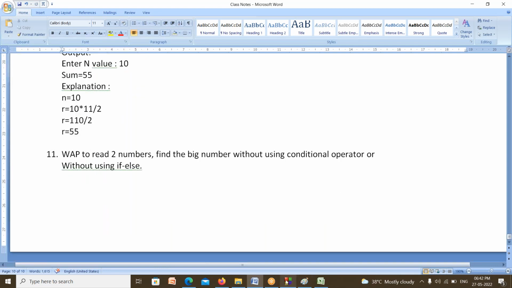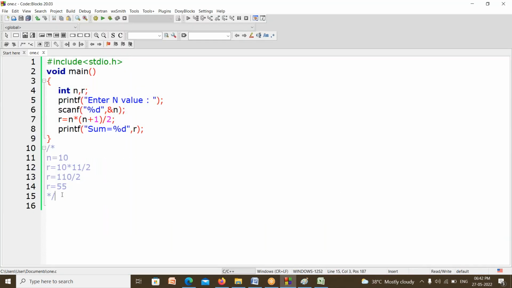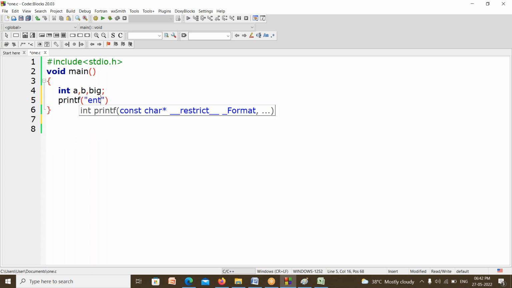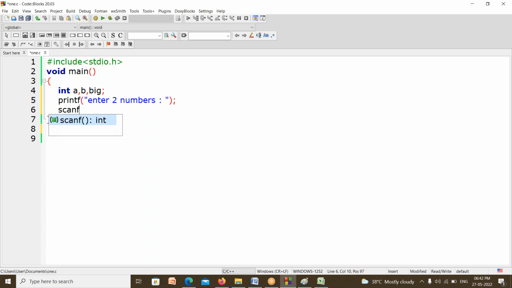Then what to do? See this. Here what do you have to find? We have to find the big number between two numbers. So two numbers means A, B. You have to find the big number, so big. Read the two numbers. Enter two numbers. scanf("%d%d", &a, &b).